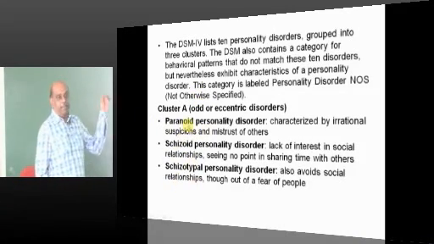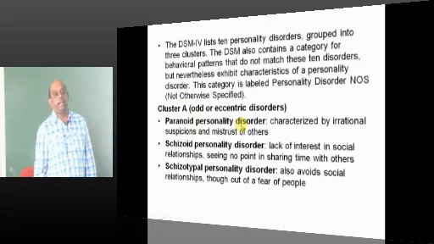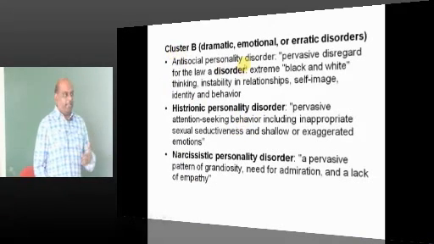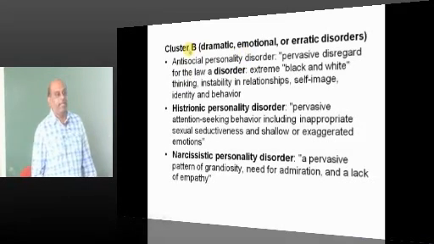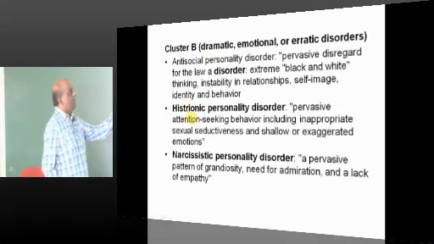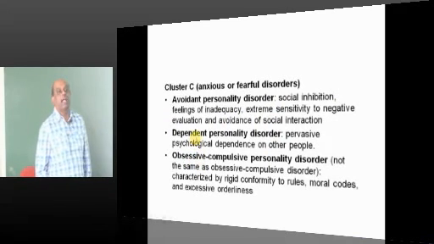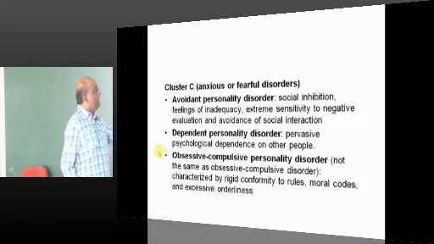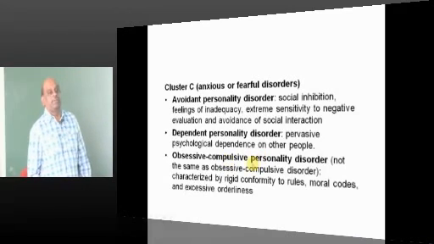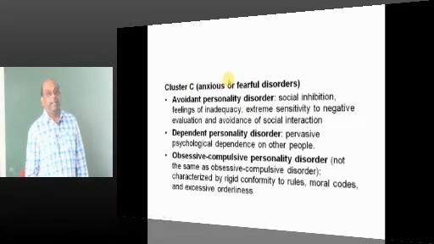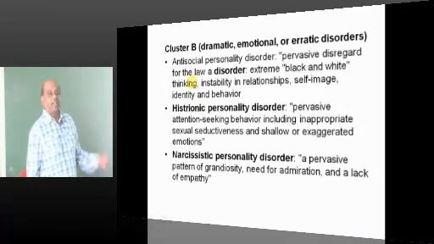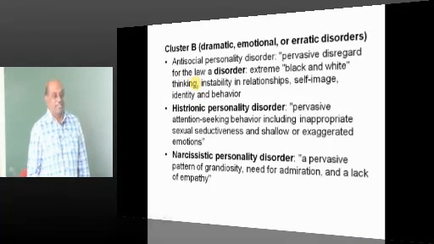Paranoid, schizoid people are cluster A. They are called odd or eccentric disorders. Cluster B is dramatic, emotional, erratic. A good teacher should ideally be cluster B. So histrionic, narcissistic are all cluster B. Avoidant, dependent, obsessive compulsive are all cluster C. Ultimately in medical college we have cluster C teachers and cluster B students. There is a big dissociation.